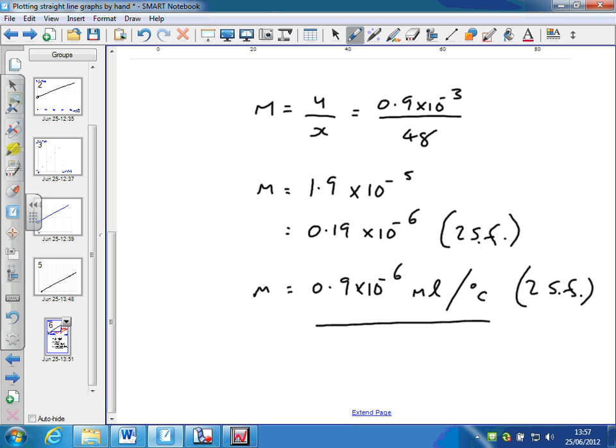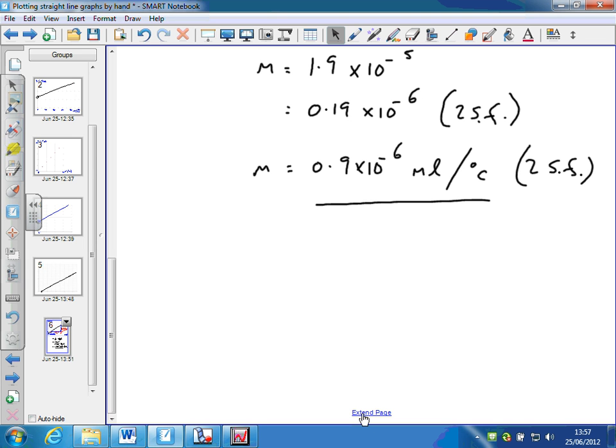So I now have the figures for y and c that can go in my equation of a line. So what is the equation of the line? Y equals mx plus c, where y is the dependent variable on the y-axis, which is volume.